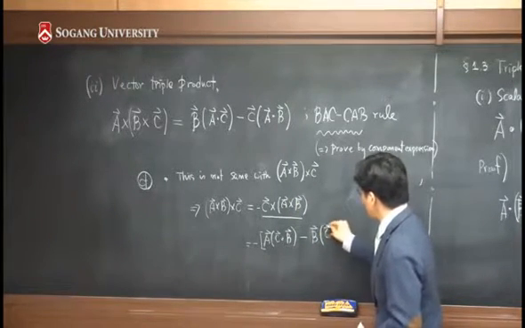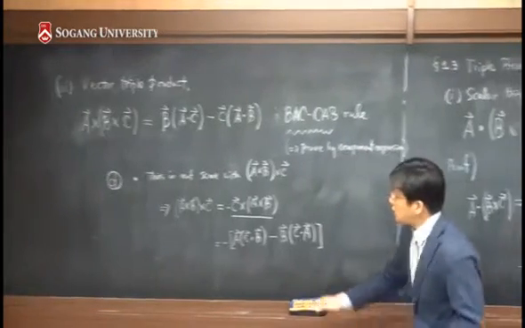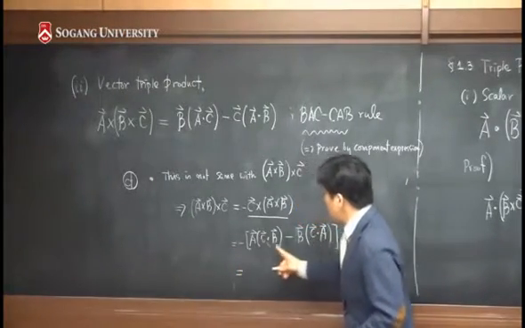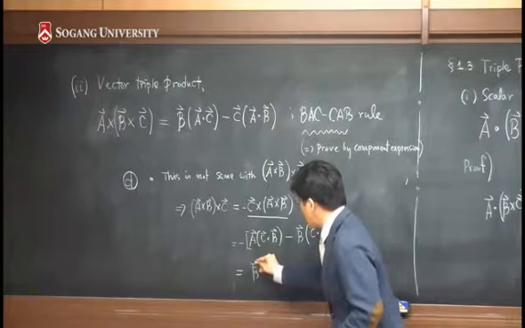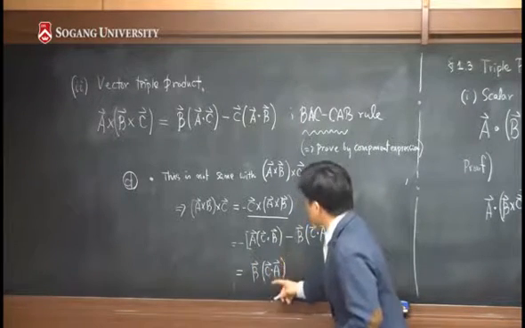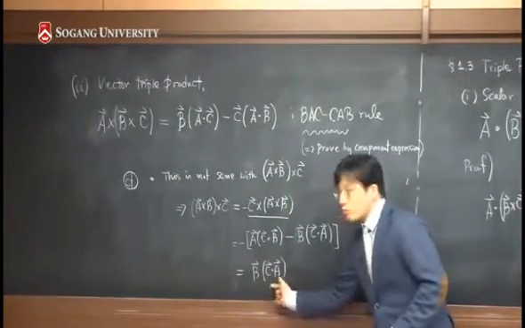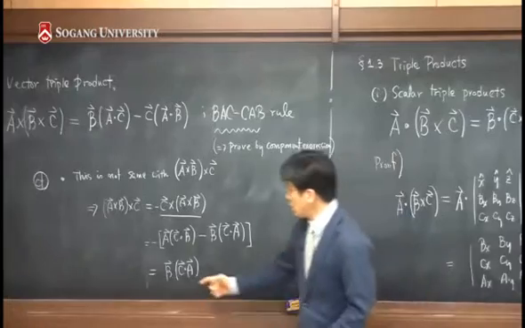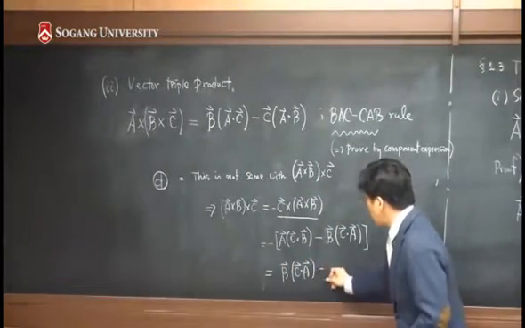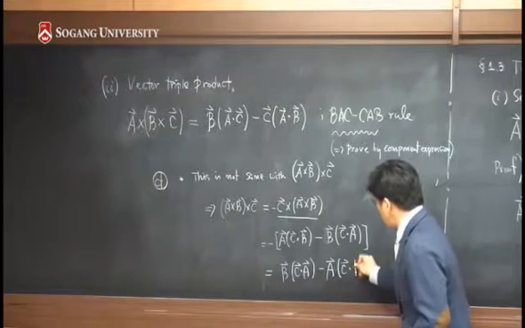So it will be C dot A. Okay, like this. And the resulting vector in this case, with the minus sign, will be B times C dot A, which is the same as the first term here. Okay, so permutation of a dot product does not change the property, so the first term will be the same, but the second term will be minus A, C dot B, like this.